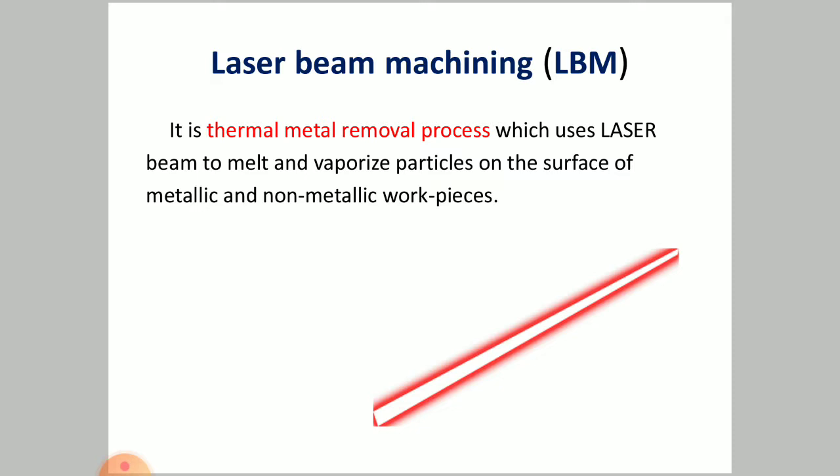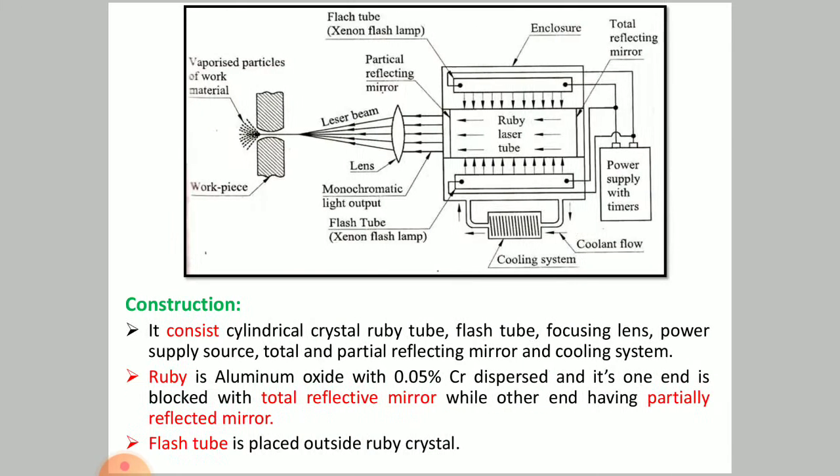With the help of laser, we can perform several operations. This process is fully numerically controlled, and with its help we can produce intricate, complex machinings. Right. Now let us look into the working principle and the construction part.